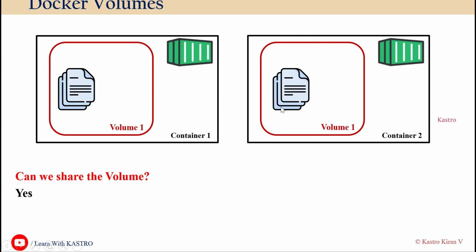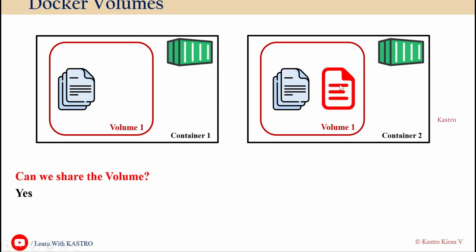So here what is happening? The same volume is being shared between two different containers. In container 1, volume 1 is there. In container 2 also, volume 1 is there. Now, in container 2, where volume 1 is there, can I create additional files?